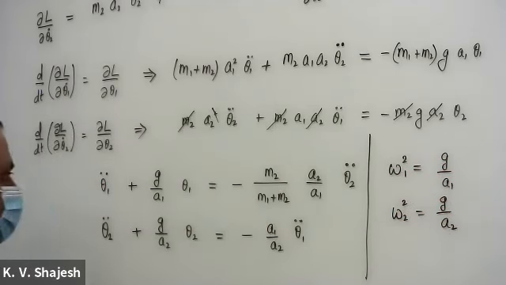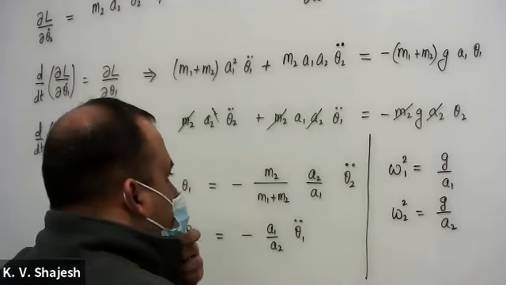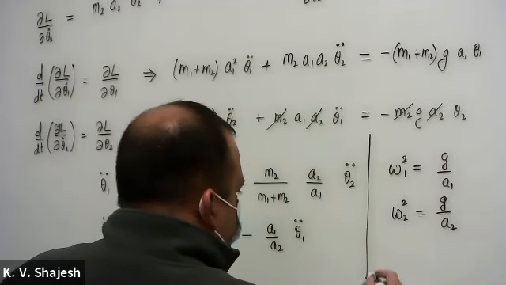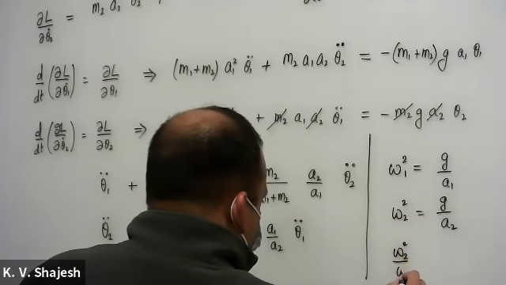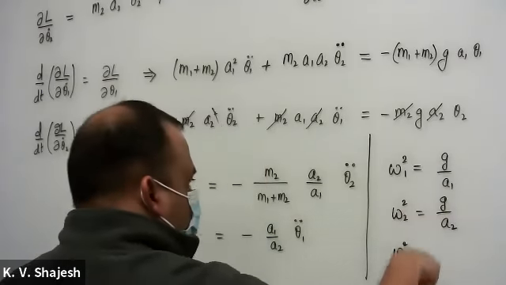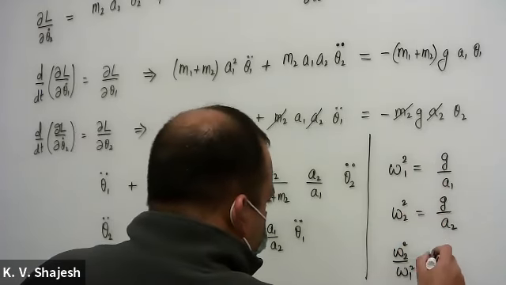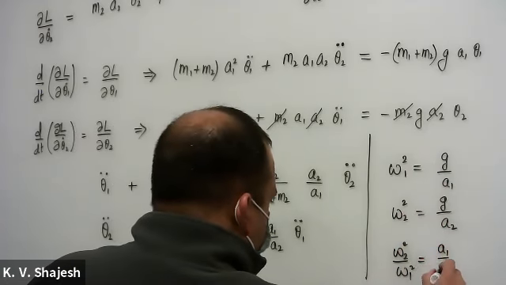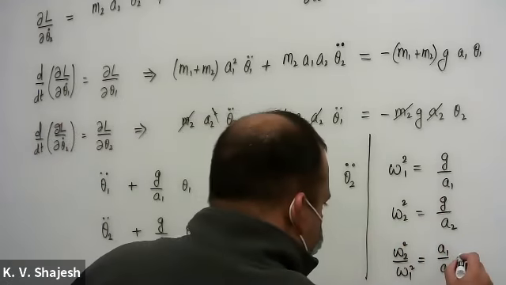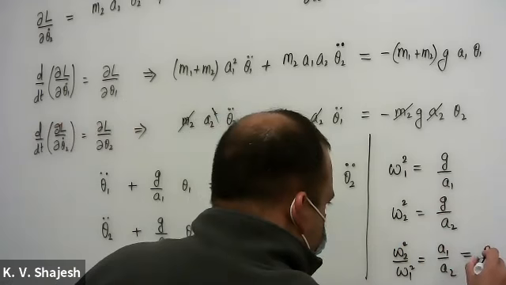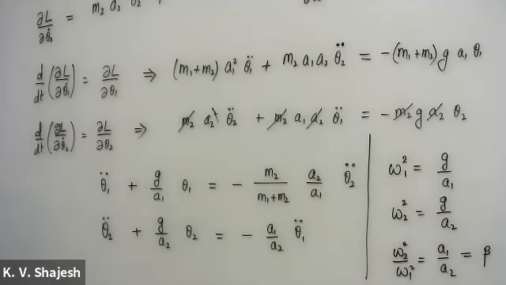Clearly, if I take the ratio of the two, omega 2 square divided by omega 1 square, then G cancels out, and that's A1 over A2. That shows up here, A1 over A2. Let's call that beta. It's not necessary, but it's just to combine the variables together so that we don't have to deal with so many.